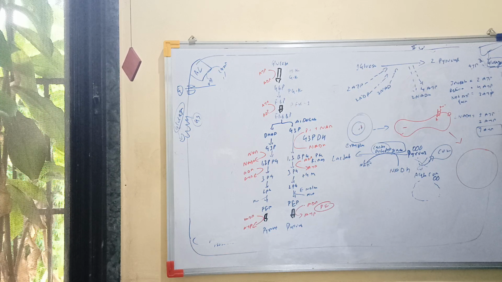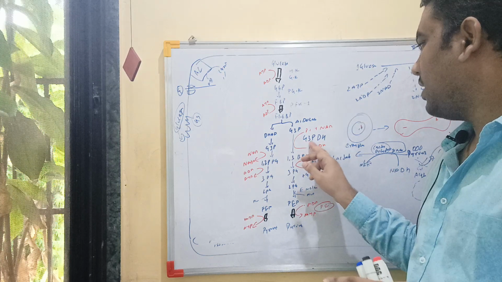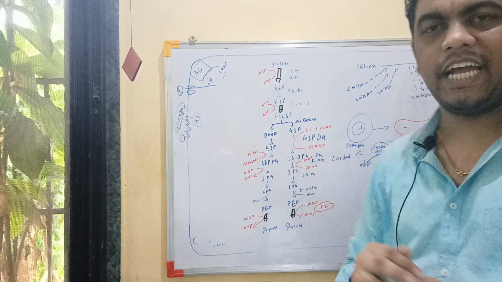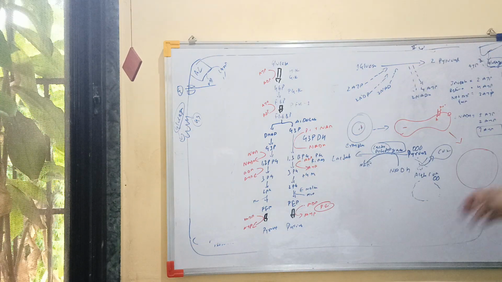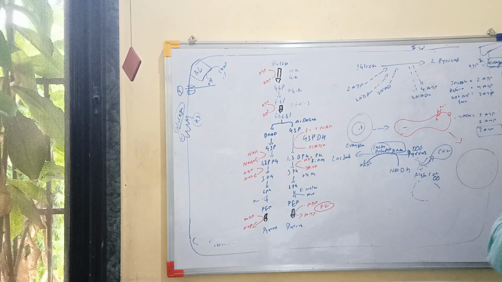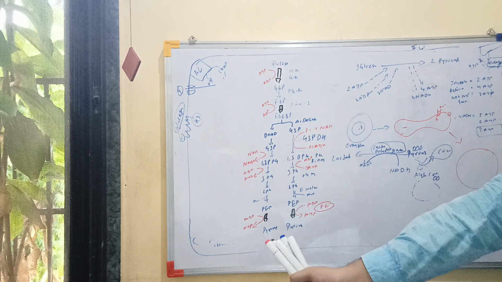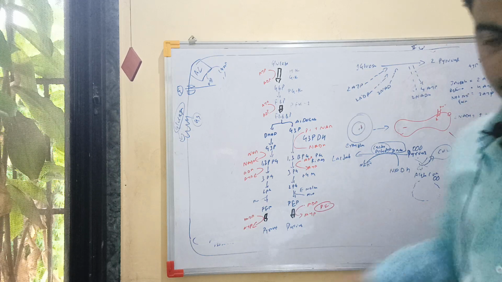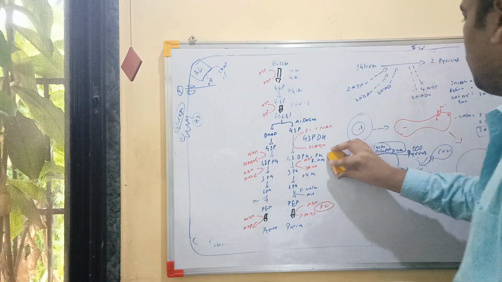One is pyruvate kinase for sure, and the other is glyceraldehyde phosphate dehydrogenase. When they are mutated, this problem happens because everything stops.